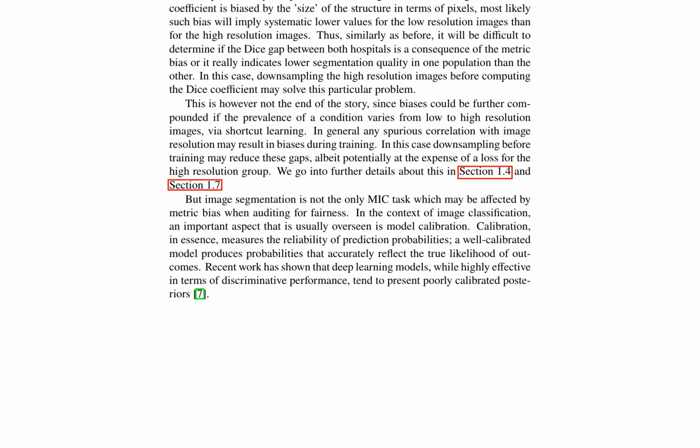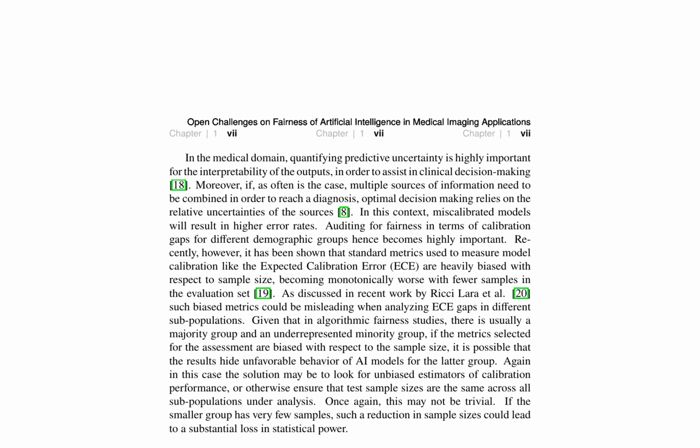The discussion also highlights the potential biases in image classification tasks, particularly with regards to model calibration. In the medical domain, predictive uncertainty quantification is essential for both interpretability and clinical decision-making. Model calibration plays a crucial role, as miscalibration can lead to higher error rates.